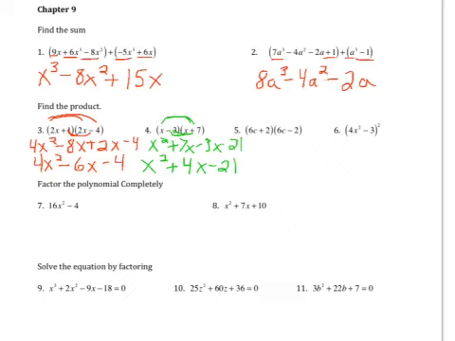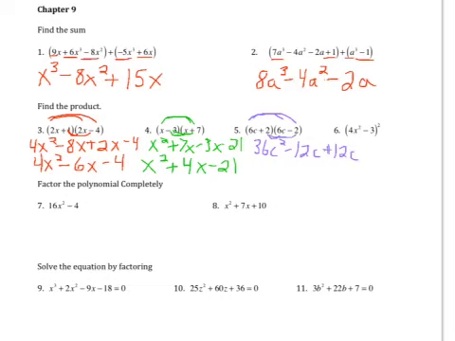For number 5, we also want to FOIL. So we'll get 6c times 6c, which is 36c squared. 6c times negative 2 will be negative 12c. 2 times 6c is positive 12c.